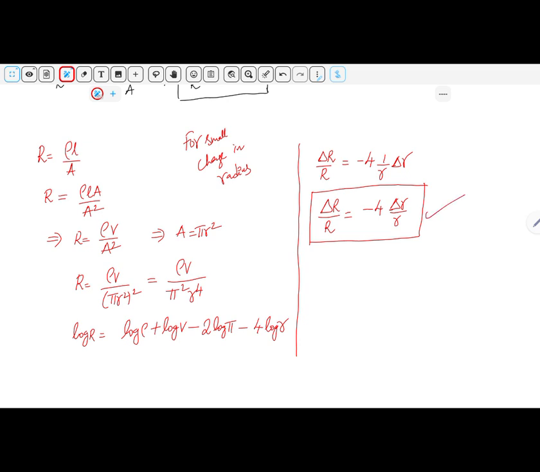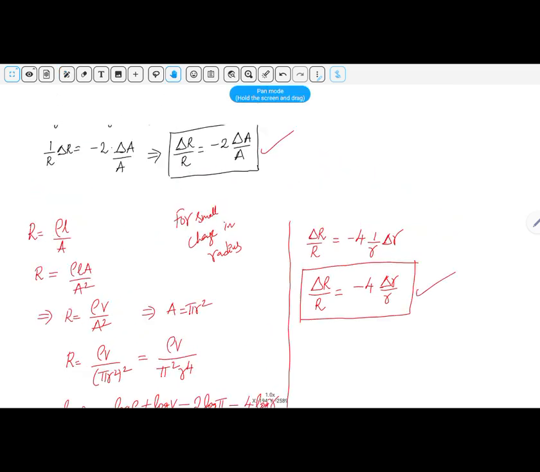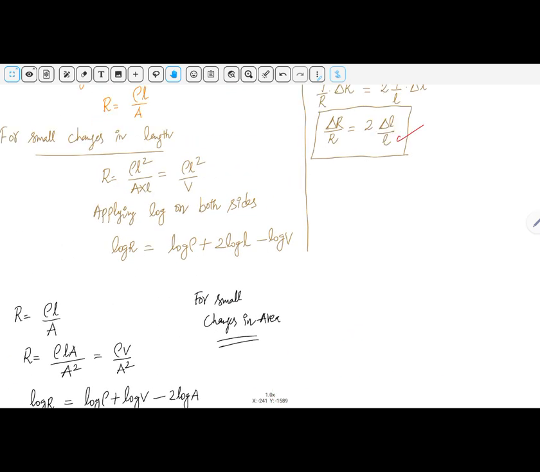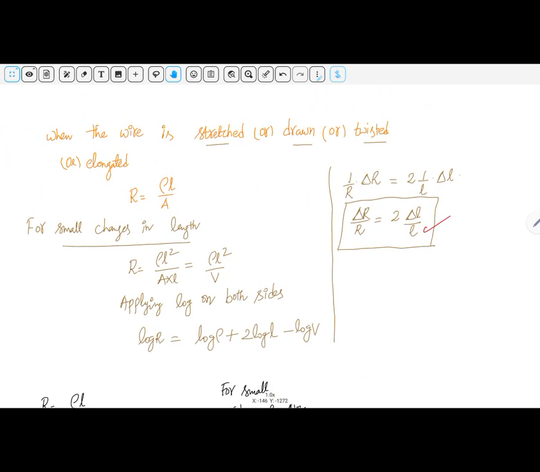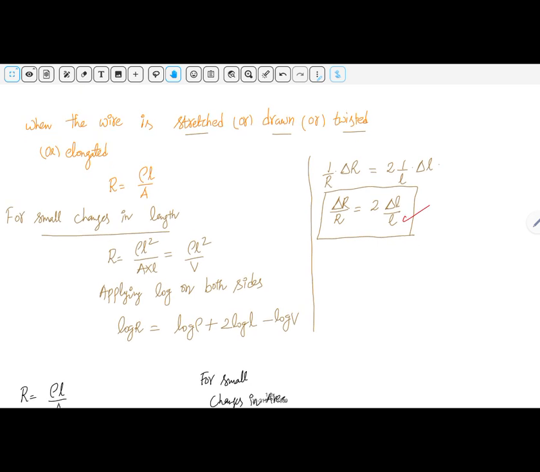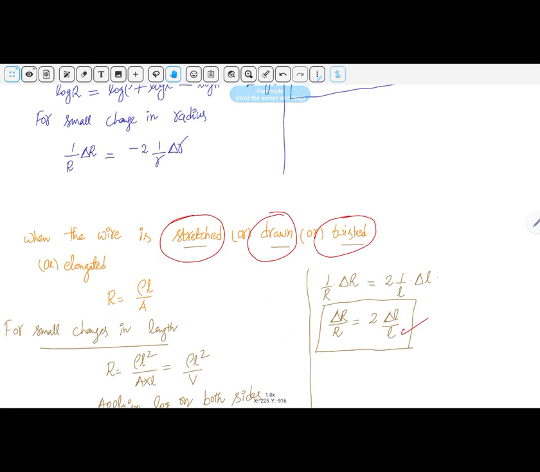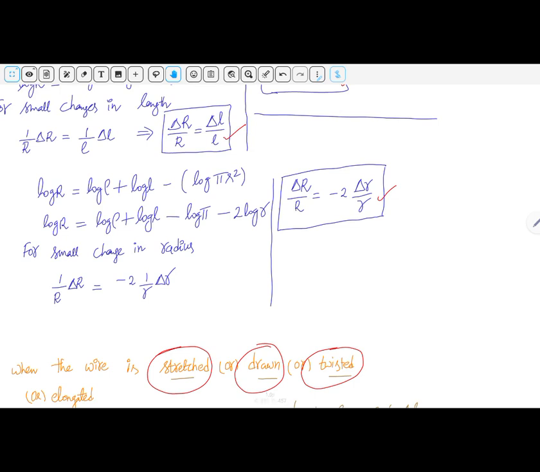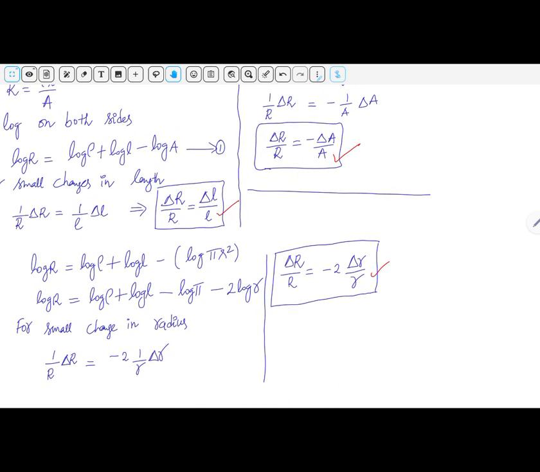And these three formulae are applicable only in a situation when the wire is stretched or drawn or twisted. In this situation only we can use these formulae. Otherwise, in normal situation we can use the formula which we derived in our previous video. You can observe here. So you can use these three formulae in normal situation.